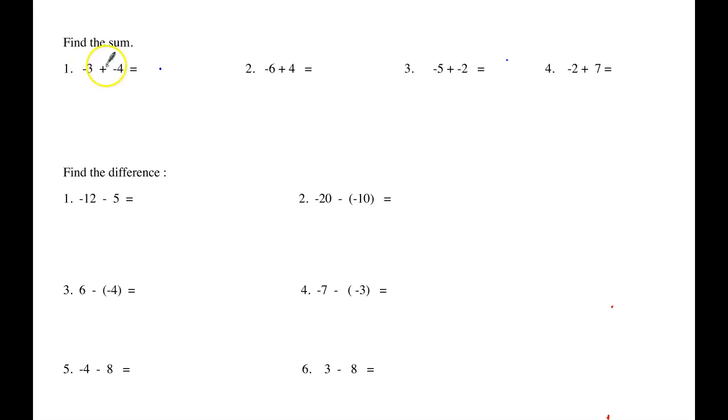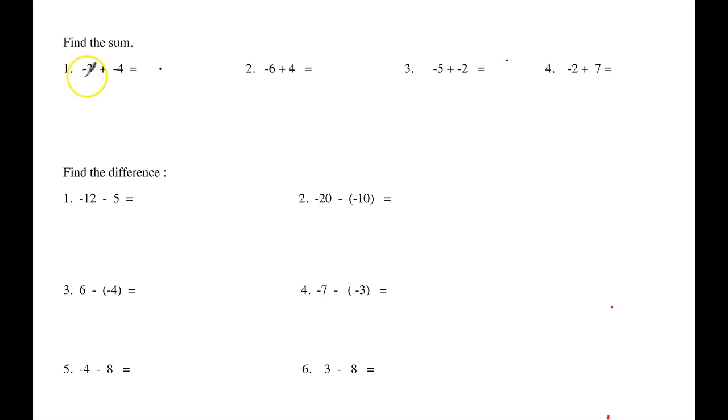Okay, so the first one, negative 3 plus negative 4. There are rules in adding and subtracting integers, but I find it easier to relate these numbers into real life because it makes more sense than just memorizing the rules. Once this makes sense to you, memorizing the rules will be easy.